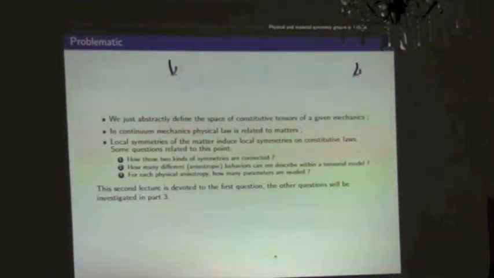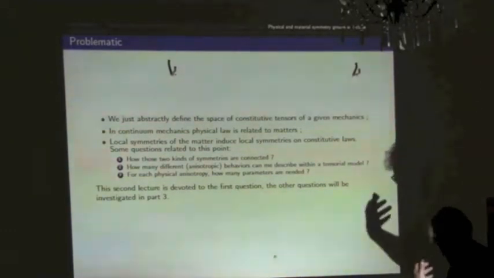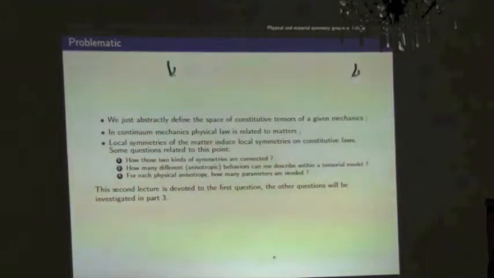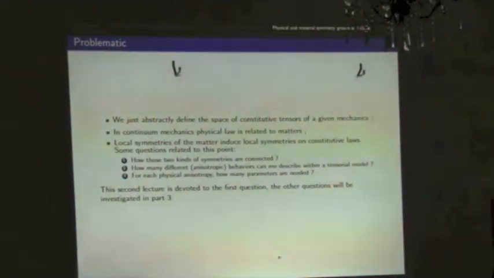So here is a kind of summary of what has been done and three questions that anyone has to ask when making some physical modeling of behavior.